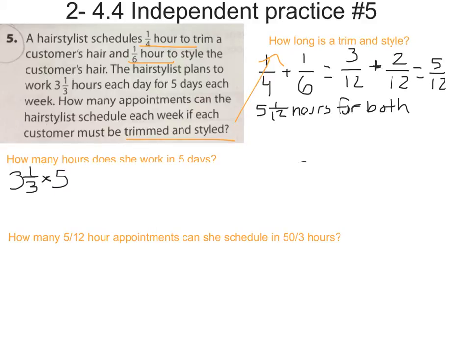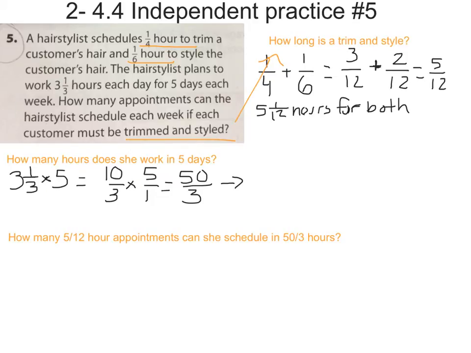Now it's not really easy to multiply a mixed number and a whole number, so I'm going to change both into improper fractions. So I have that 3 1/3 is the same as 10/3, and any whole number such as 5, I can make a fraction by placing it over 1. As I multiply across, I get 50/3, because I multiplied 10 times 5 and 3 times 1.